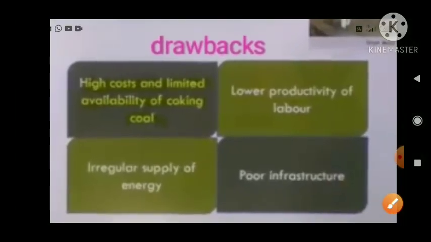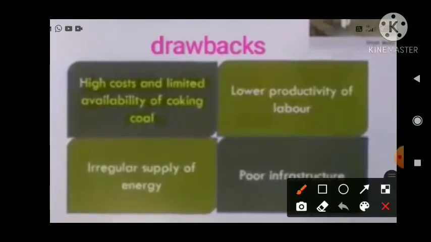Drawbacks. What are the drawbacks of this? Poor infrastructure: in Jharkhand there is very poor infrastructure because it is a plateau region. Lower productivity of labor: labor is abundant for steel and iron industries, but machineries are not very upgraded, so there is also lower production.